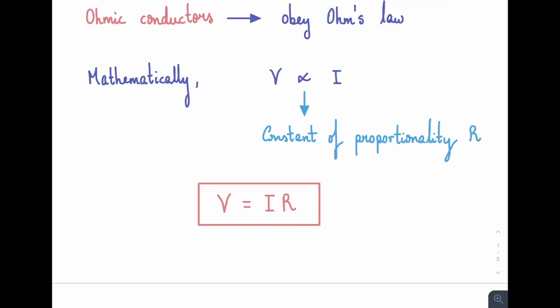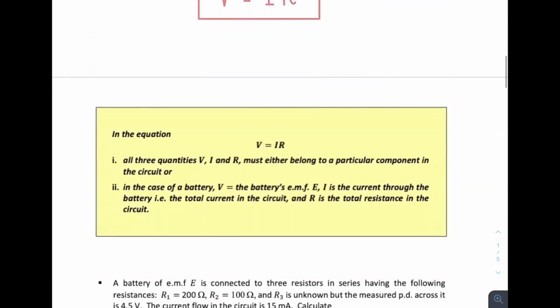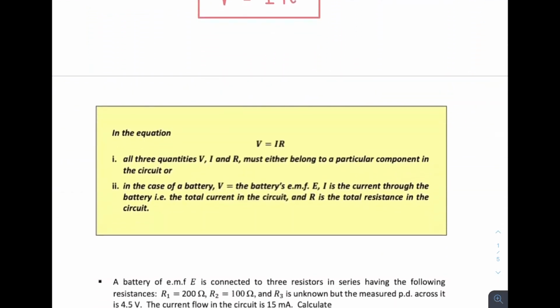Now, an important note when using V is equal to IR. Attention must be paid to apply it properly if it is applied on a particular component in the circuit.